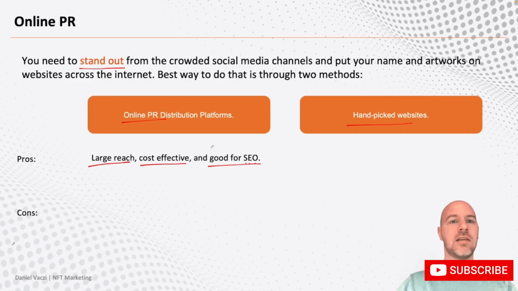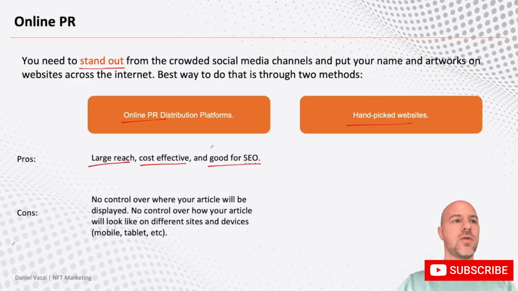Now let's look at the cons. So the cons are really, you don't really have control over where your article will be displayed. And this may be a concern for some people, but once your article is out there, once your news is out there, any website can pick it up and publish it. And there's no control over how your article will look.